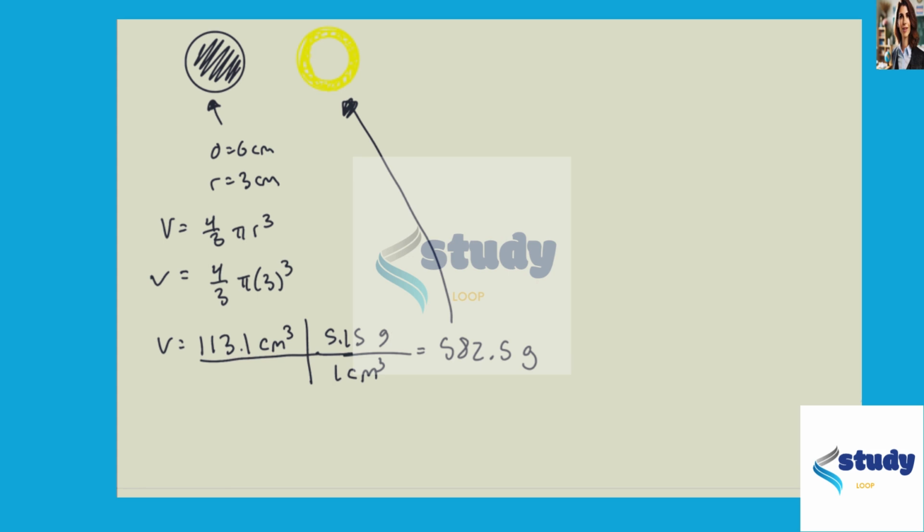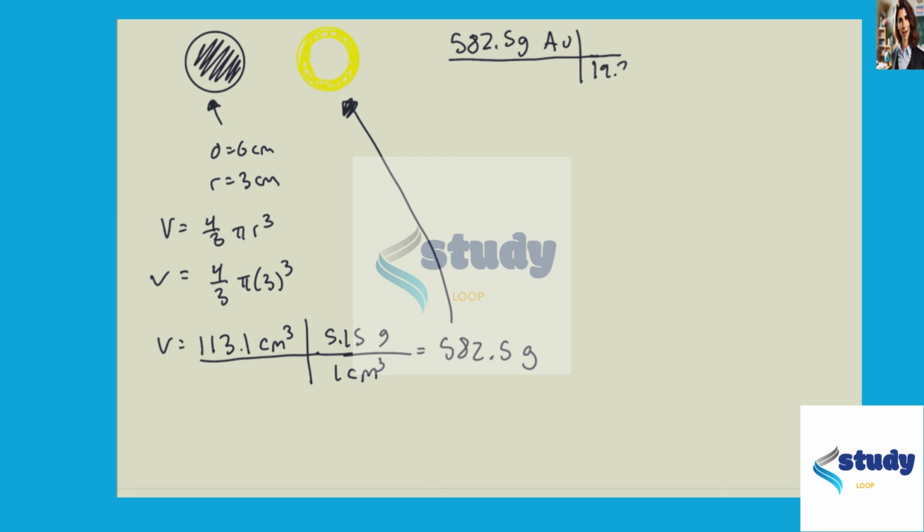So now we need to find out how much gold this is. We can find out the volume of gold that's needed to be used and use this to calculate what the thickness will end up being. So if we take 582.5 grams of gold, this is how much gold that we're allowed to use. Sorry, this should be Au. In order for the balls to have the same density, we can use the density of gold to convert this into a volume.